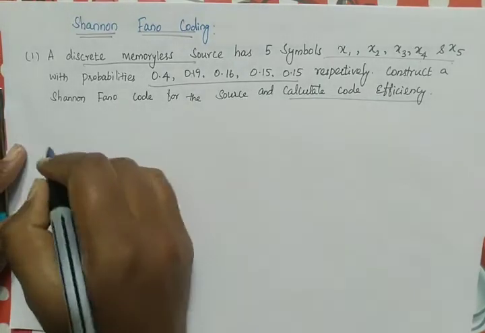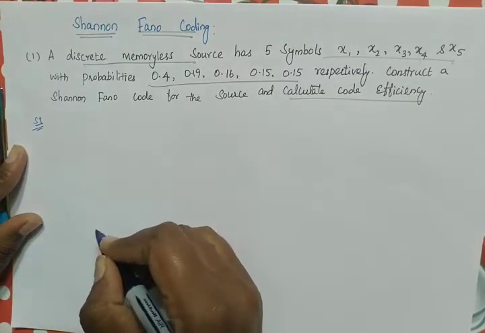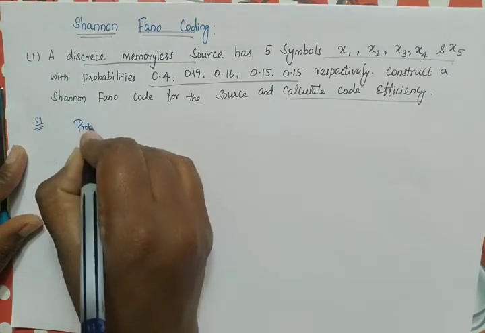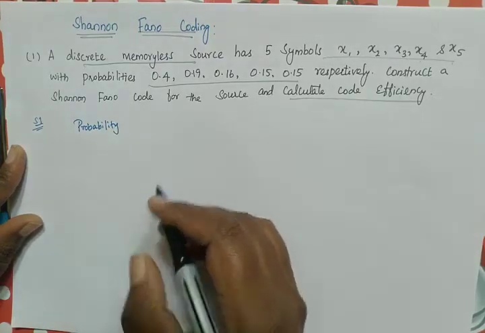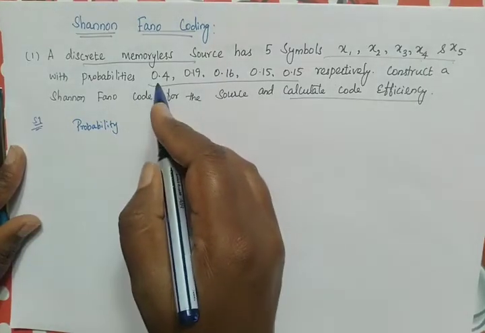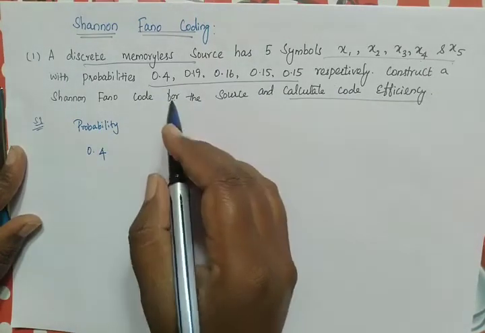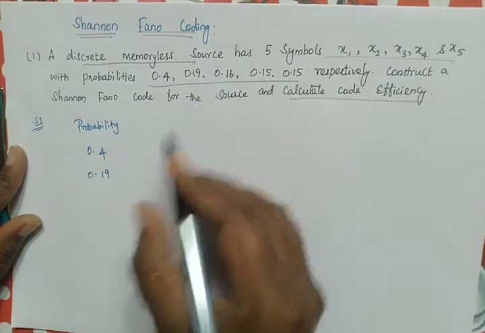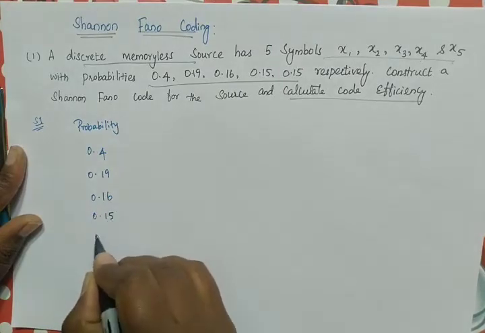So the first step in this is we have to write the probabilities in the decreasing order, or we can say it should be written in non-increasing order. The numbers should be written in the decreasing order. See, the highest number is 0.4, then 0.19, then 0.16, 0.15, 0.15.